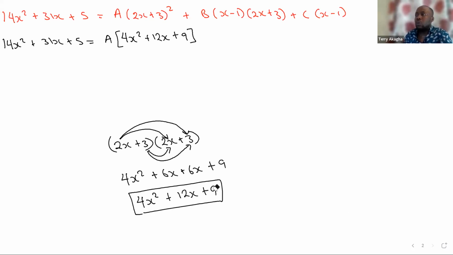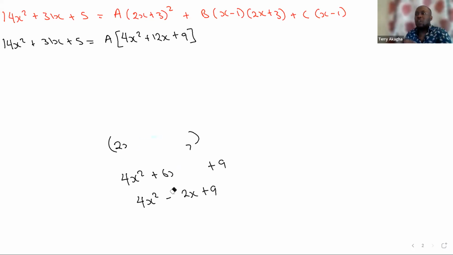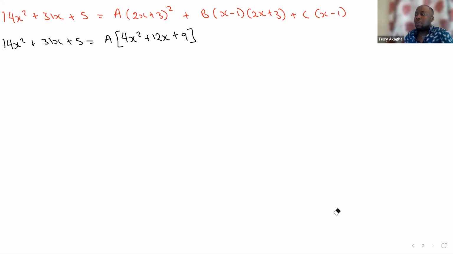Now I can open the bracket for the second one. Let me leave the b out so I don't confuse anyone. So it will be x minus 1, 2x plus 3. We're expanding this now. You open the bracket, it's going to give you 2x squared. Then x times 3 gives you 3x.